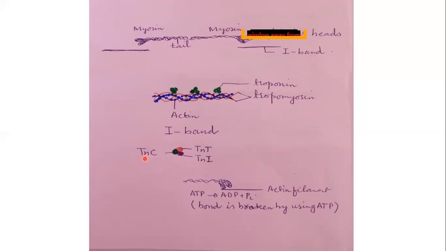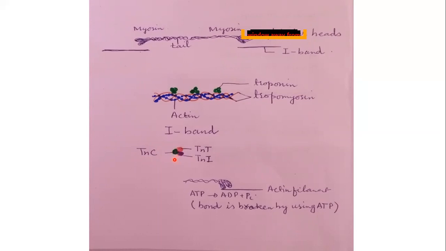Calcium ions. So once a nerve impulse is carried through the sarcolemma to the T tubule, the T tubule causes the sarcoplasmic reticulum to release what? Calcium ions. Then these calcium ions bind with TnC. As a result, TnC is displaced from its position, and in this way tropomyosin, which was already present on the actin filament, also displaces from its position.